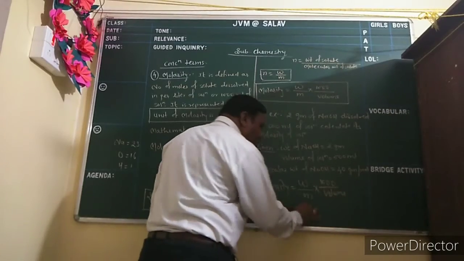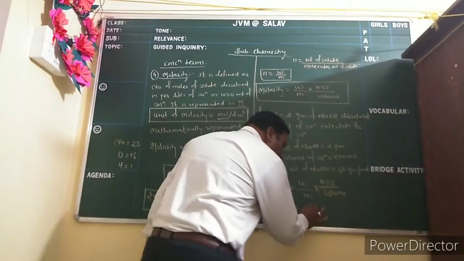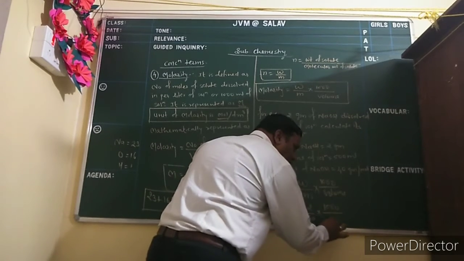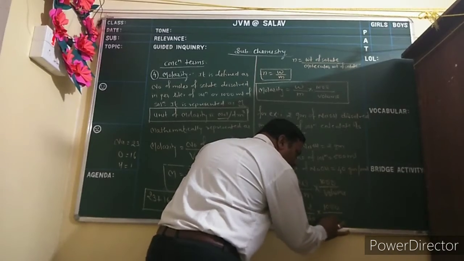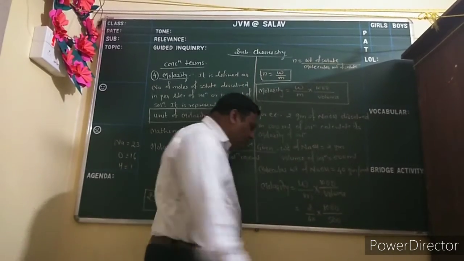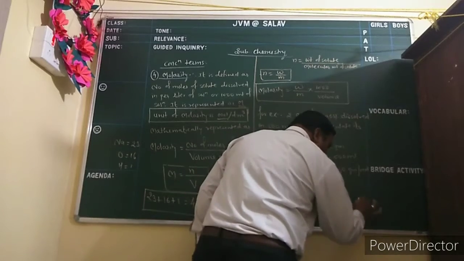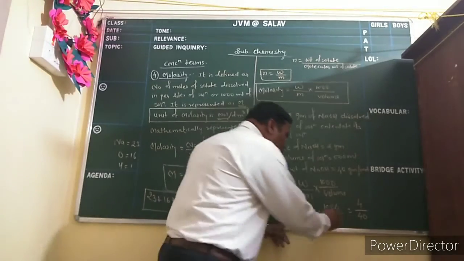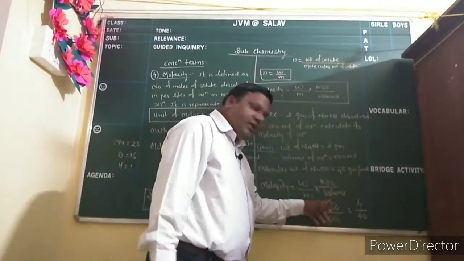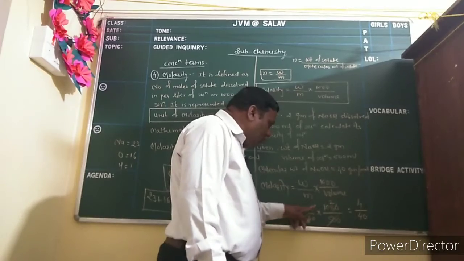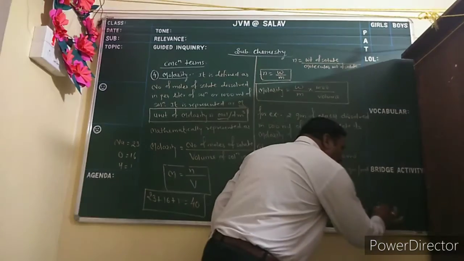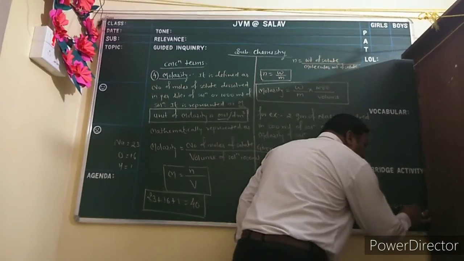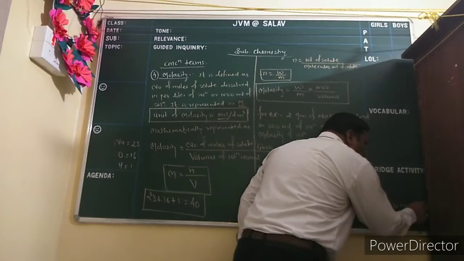Put in the values: 2 upon 40 into 1000 upon 500. 1000 upon 500 is 2, so 2 into 2 is 4. 4 upon 40 is 1 by 10.